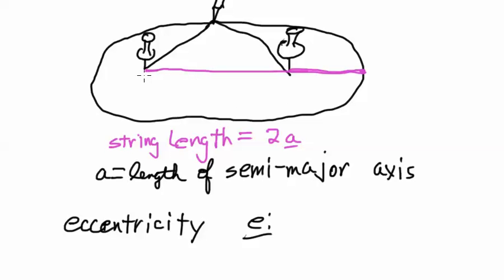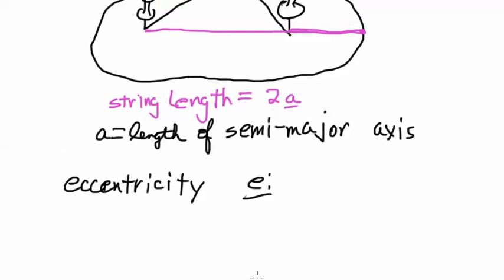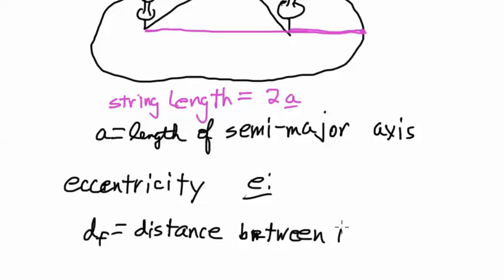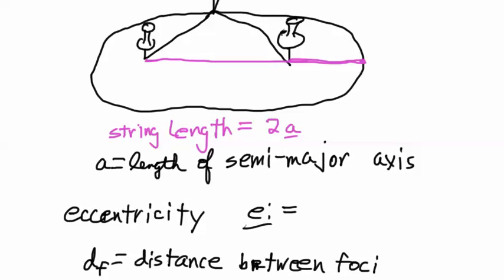If we define the distance between the 2 thumbtacks, and right now I'm going to call it D sub f, which stands for distance between the foci, then the eccentricity is equal to D sub f over 2a.